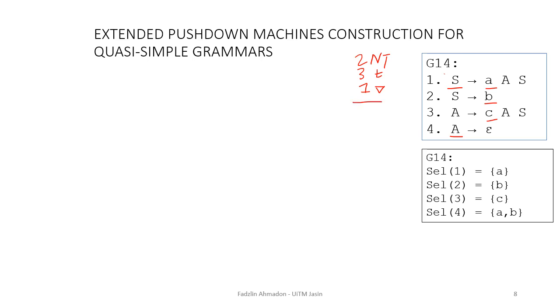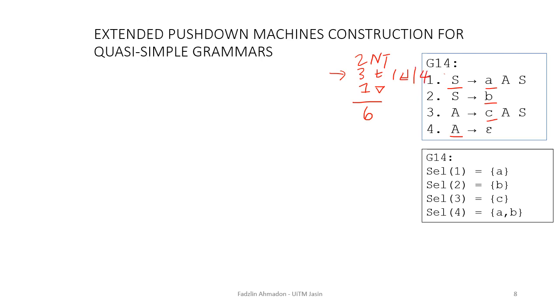So it means we need to have 6 rows. As for the columns, because we have 3 terminal symbols and we need 1 end marker, we need to have 4 columns.